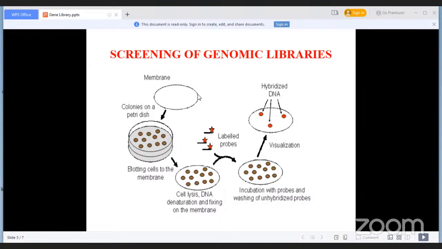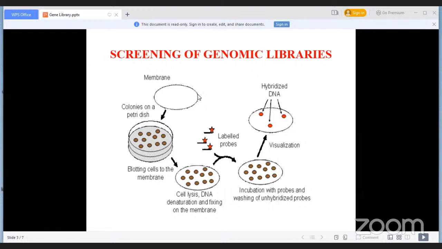But in a genomic library, if you take a eukaryotic genome, you collect the entire genome apart from the introns, junk genes also. It does not code for protein and also contains non-coding DNA, such as repetitive DNA and regulatory regions, which makes them less than ideal.